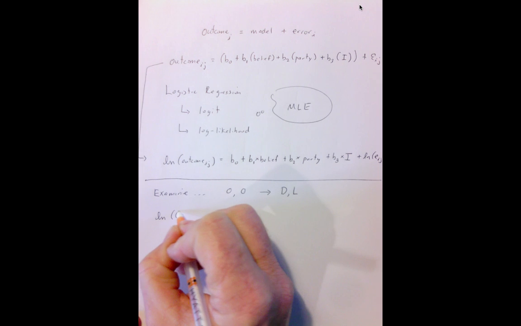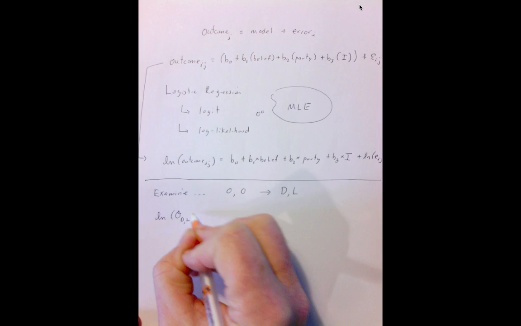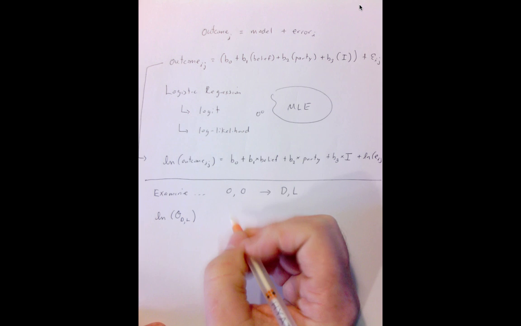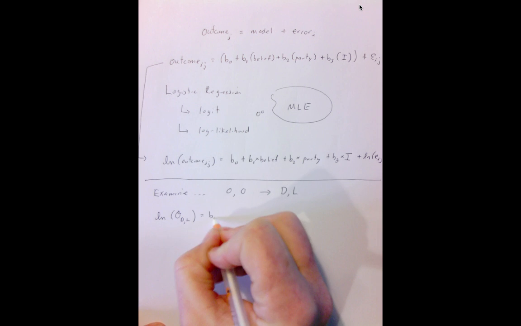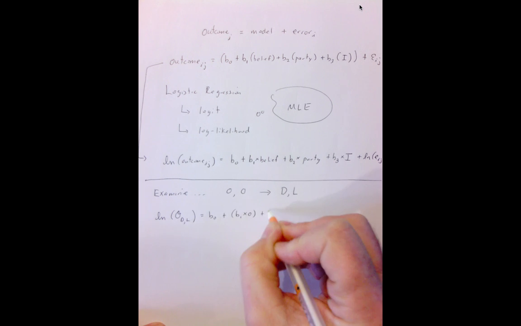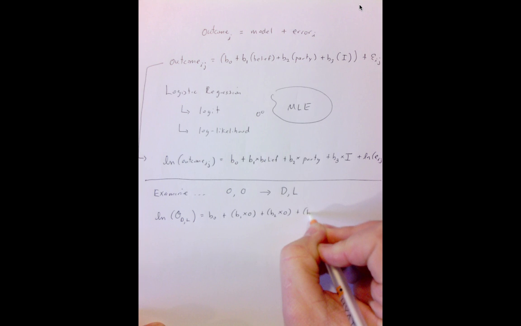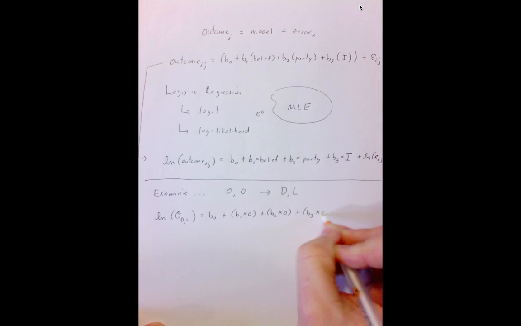So I can take the natural log of the observed value when the person was a Democrat, pro-life, equals B0 plus B1 times 0 plus B2 times 0 plus B3 times 0.